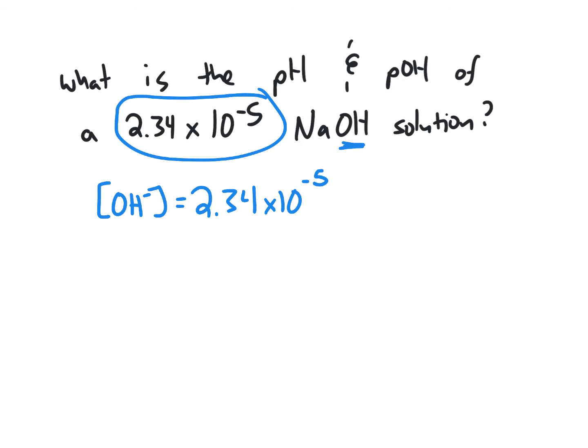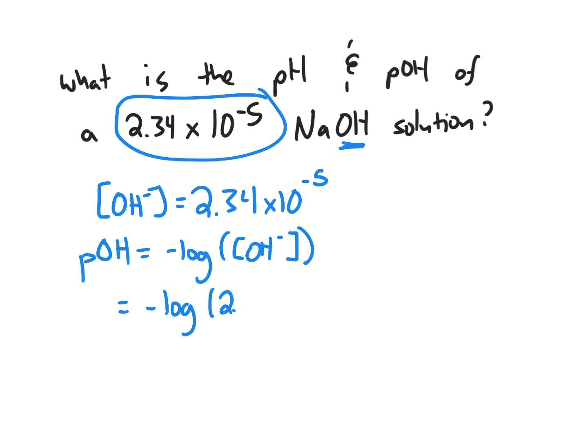So whenever I solve this problem, first step, I'm going to find pOH. pOH equals negative log of OH minus. pOH equals negative log of 2.34 times 10 to the negative 5th.